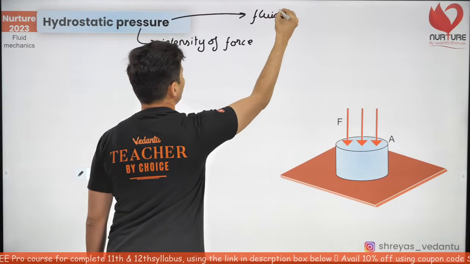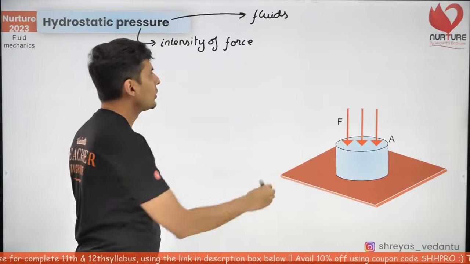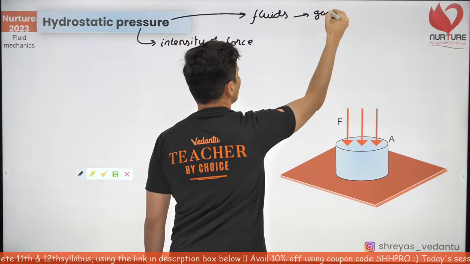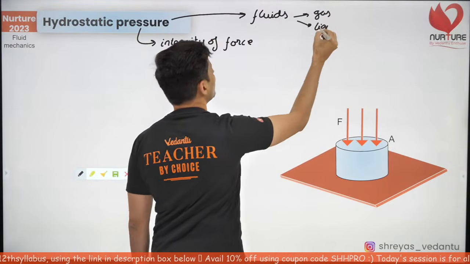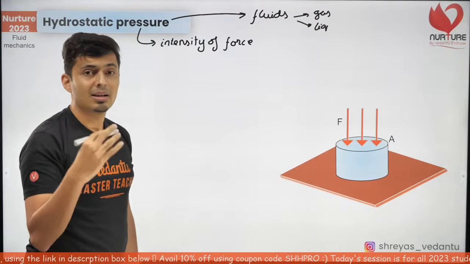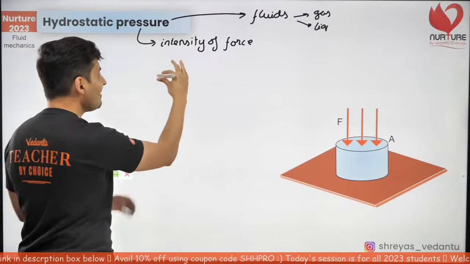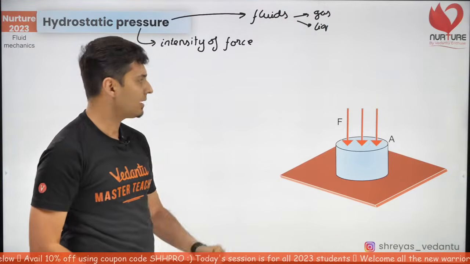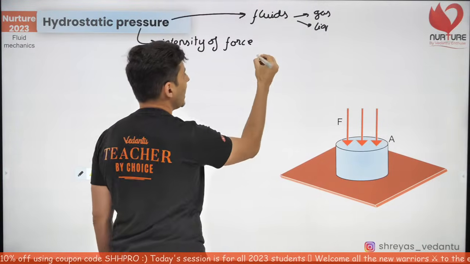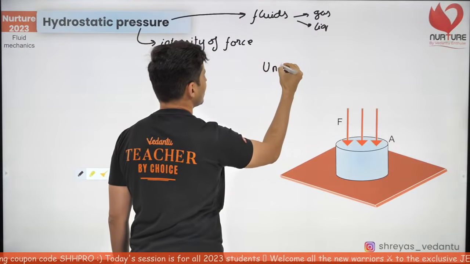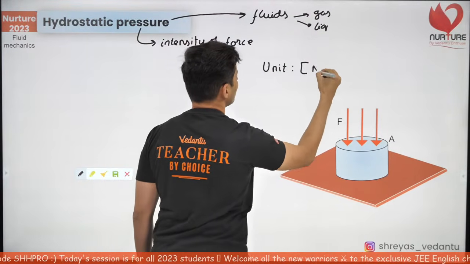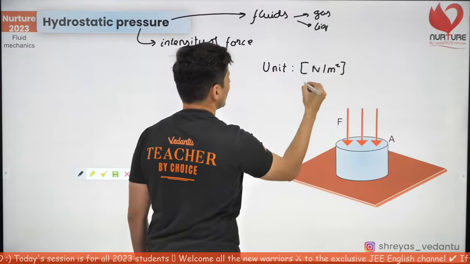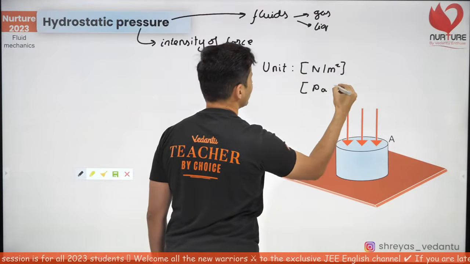You never talk about pressure for a solid. Fluids means both gas as well as liquid. So you only talk about pressure for liquids or gases. When I say intensity of force, it means force per meter square, force acting per unit area, and that means the unit of this will be Newton per meter square. You can also write it as Pascal.